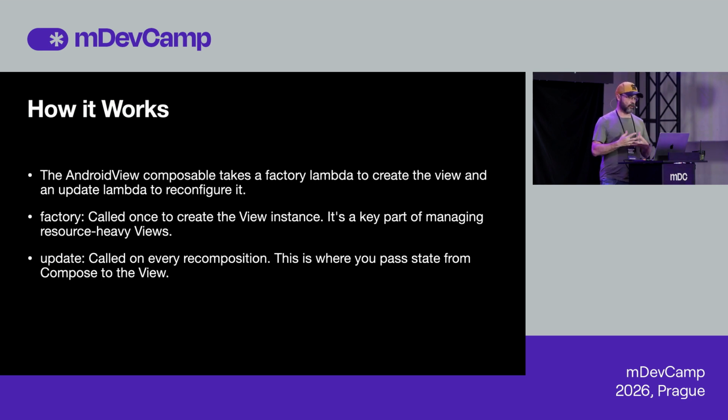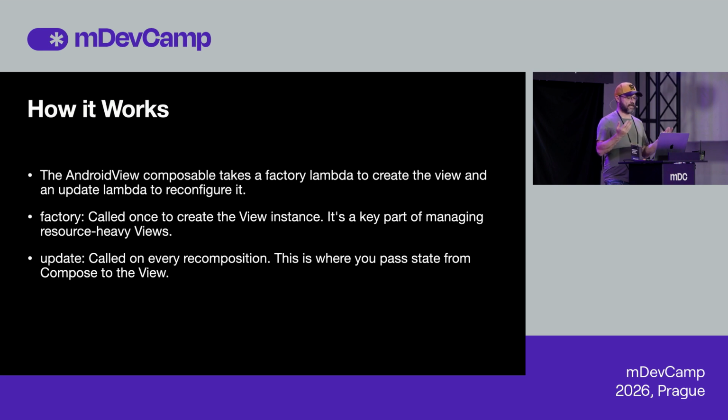How the Android view works. The Android view is a composable, and it's going to take a few lambdas where we can start adding our juice and our sugar. One of them is the factory lambda that we use to create the view. We have an update lambda that we use to reconfigure the view itself every time there is a recomposition.